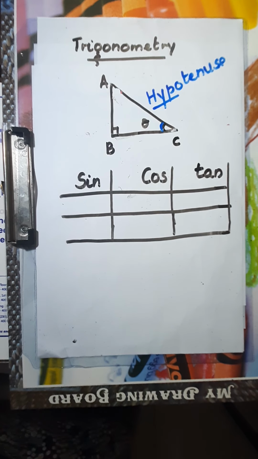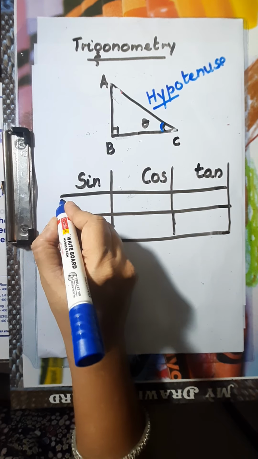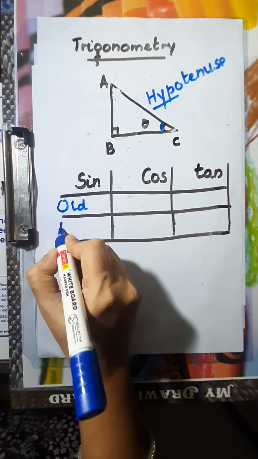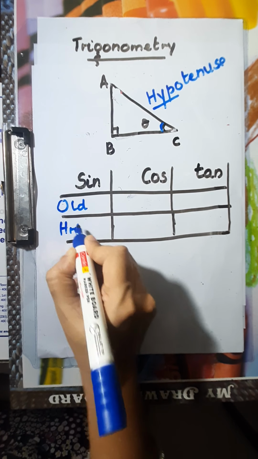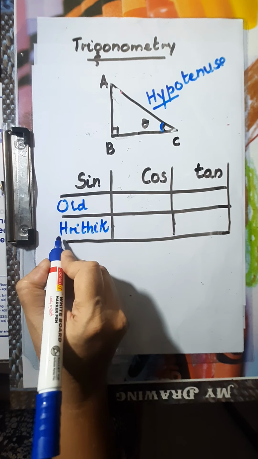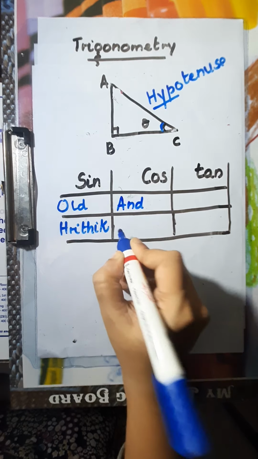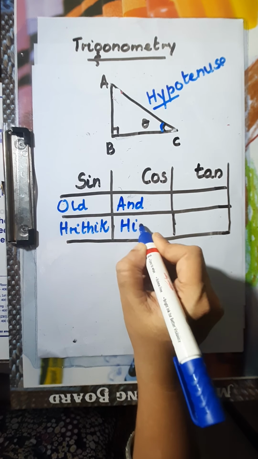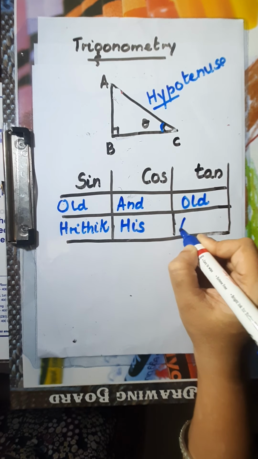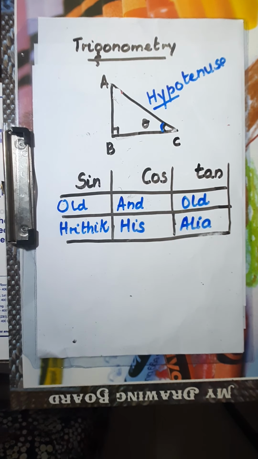So I will make one nice code word and I will say old Hrithik, all of us know Hrithik the dancer, and his old Alia. Alia, but so much controversy right now, right?